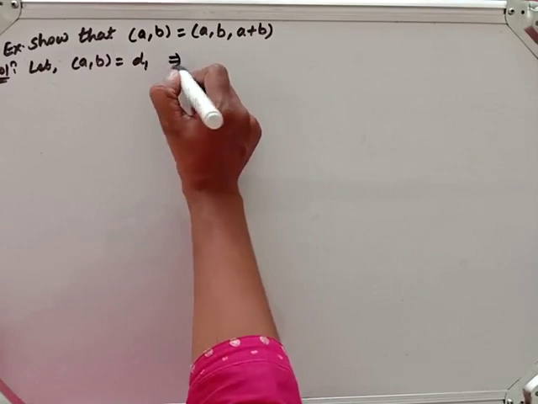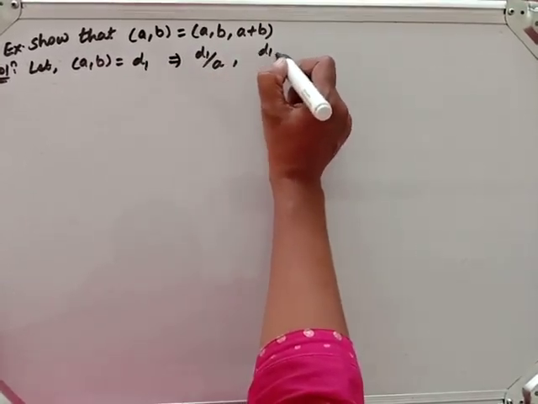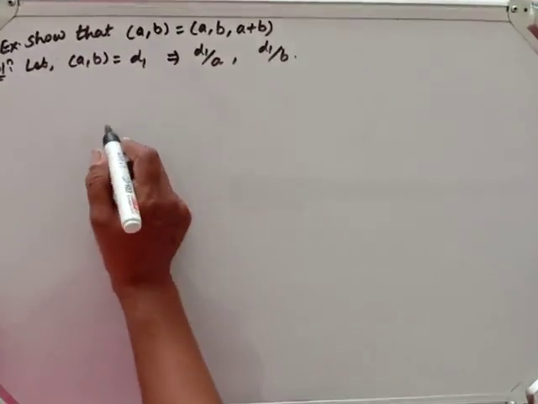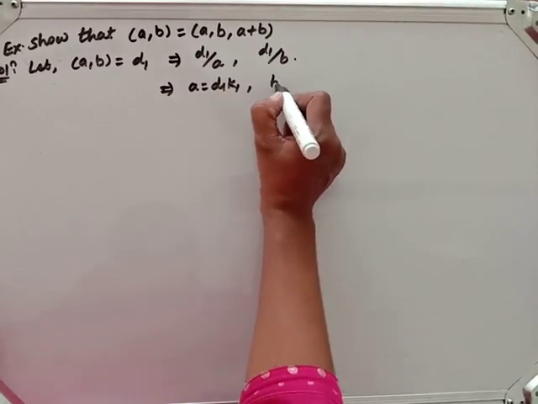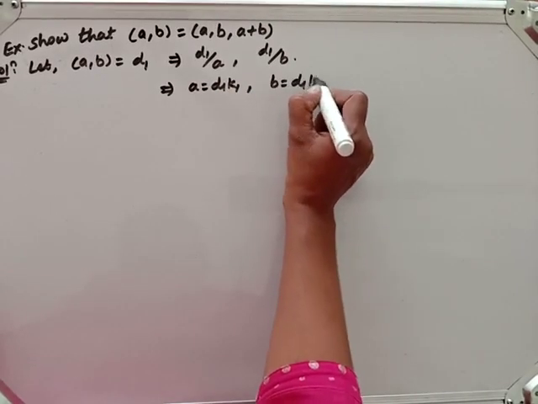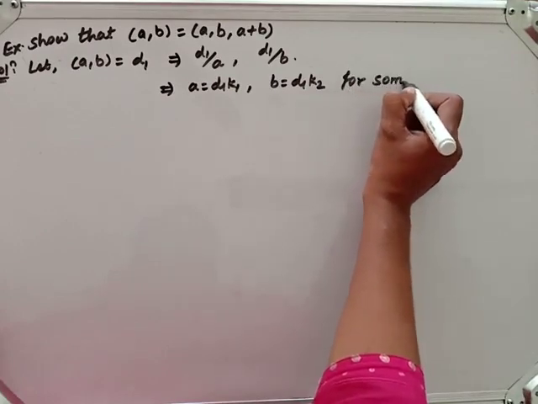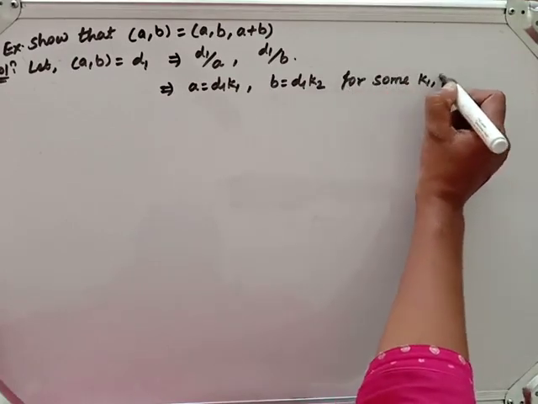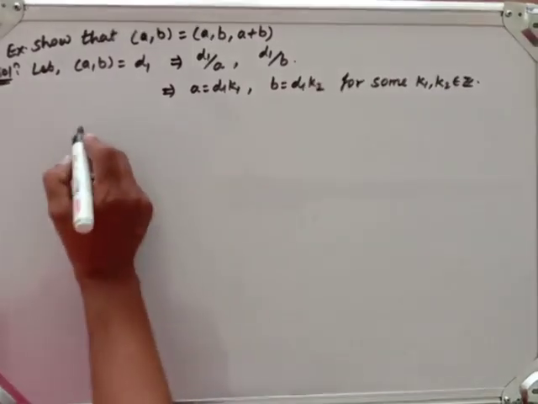So, what does this say? d1 divides a and d1 divides b. So, that is the same as a is equal to d1 k1 and b is equal to d1 k2, for some k1, k2 belonging to Z.